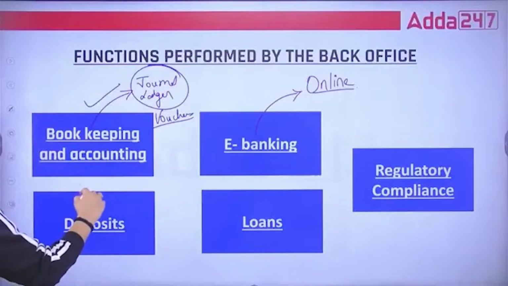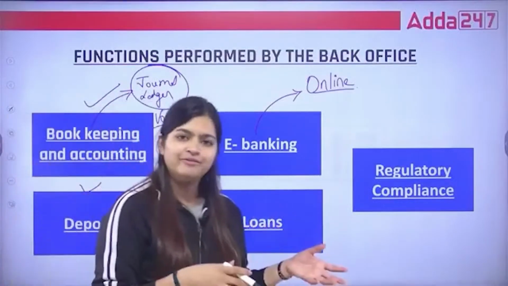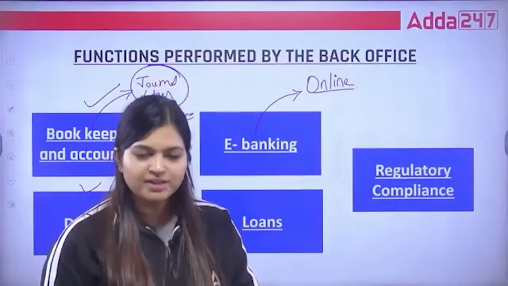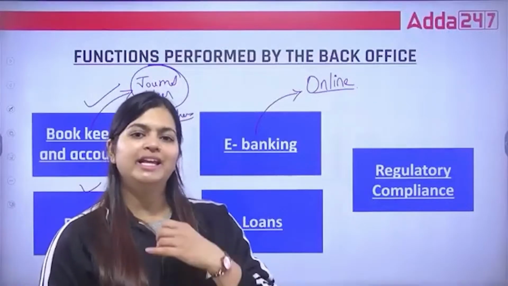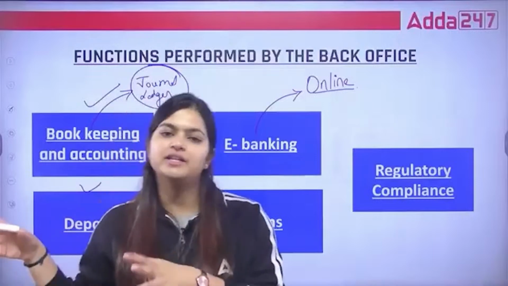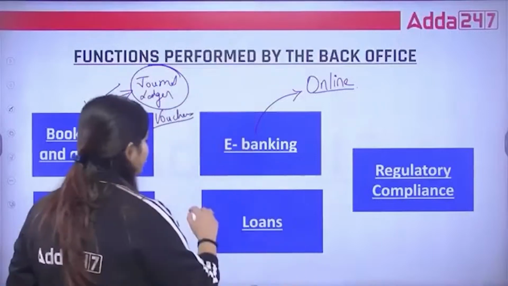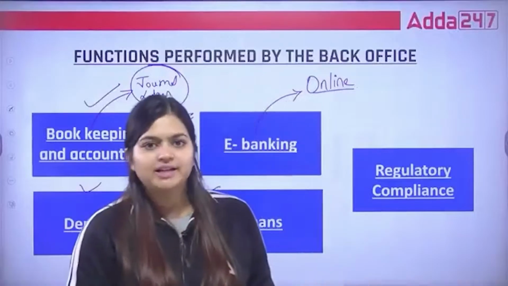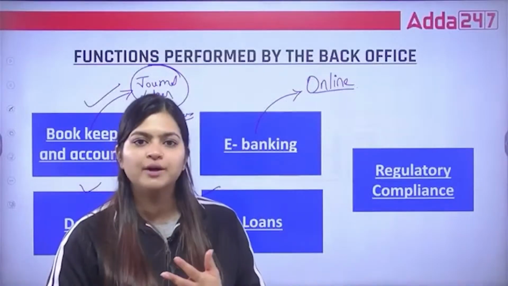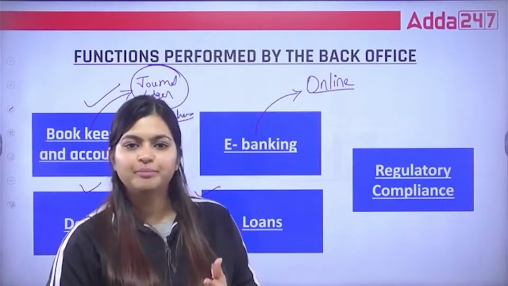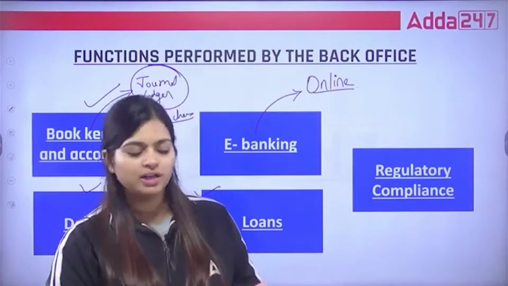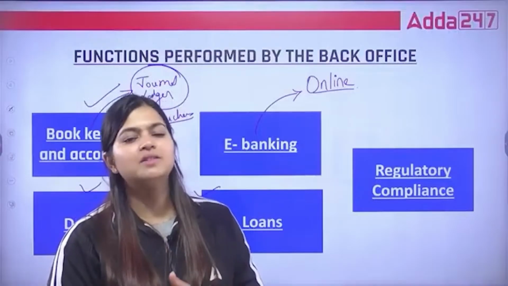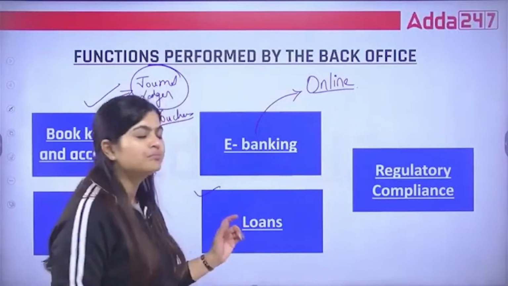Then deposits. So they are creating FD, yes, they are creating RD, the list they are maintaining, interest calculation, maturity, reinvestment, all this again done by your back office. Then loans, the limit the bank can issue, the amount, or any collateral if you are keeping, whether that is worth it or not, how much time period you are going to give, the documents, everything is again checked by your back office.